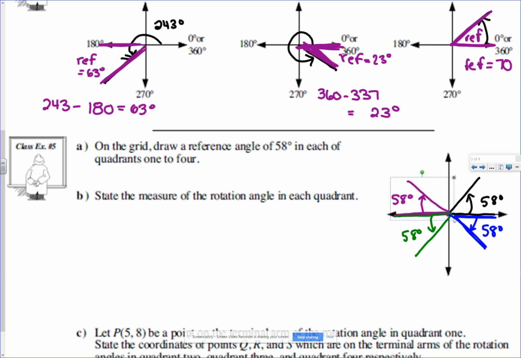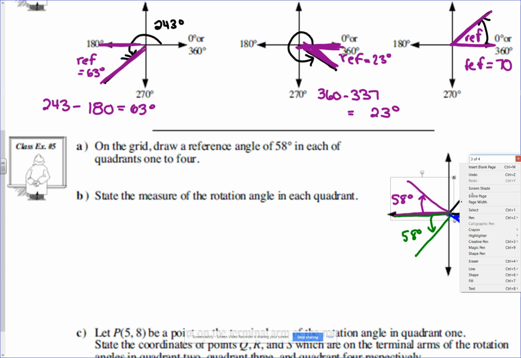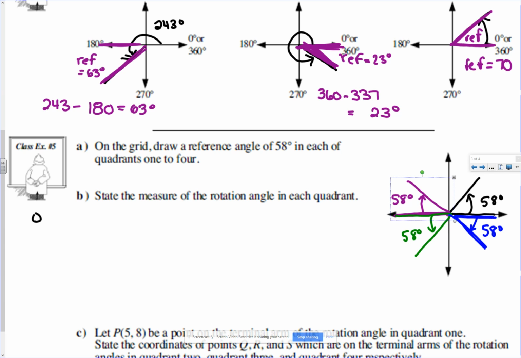So we've drawn them all from quadrant 1 to 4. So now they want us to state the actual standard angle in each of those quadrants. So if I looked at quadrant 1 here, given what I drew, I have my angle right there, and that would be 58 degrees.